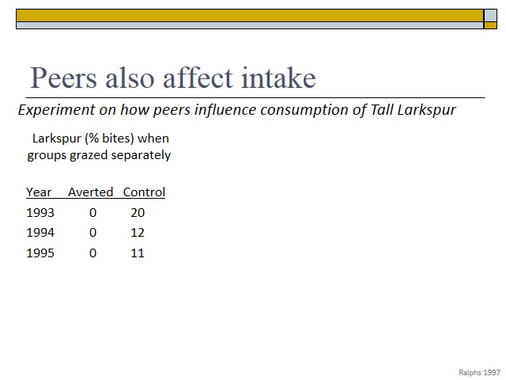In 1993, he averted a group of cattle to larkspur, and they ate 0 percent of bites that were larkspur, whereas a control group that had larkspur and did not get the lithium chloride ate about 20 bites. And he did it again in 94.